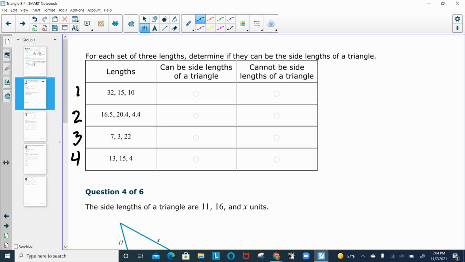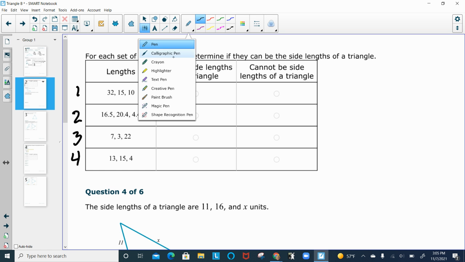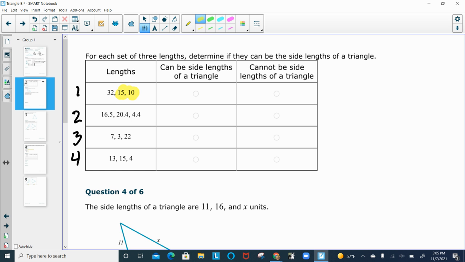And it says we're determining can be the side length or cannot be the side length of a triangle. Now, this is where you need to remember our way of doing this is to check the 2 smallest sides. So I'm going to go through here and highlight the 2 smallest sides.